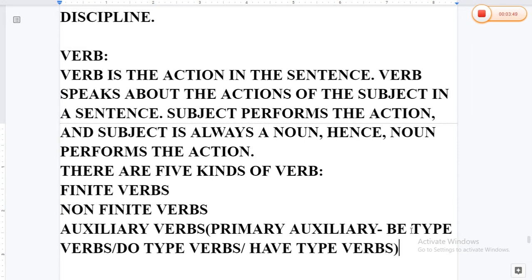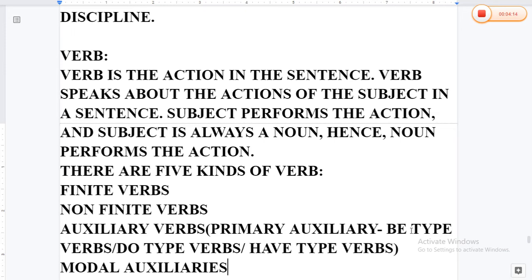Fine. When we come to auxiliary verbs in detail, we will have all these clarifications of what be type verbs are, what do type verbs are, and what have type verbs are. And after that, modal auxiliaries. Modal auxiliaries are also considered as verb.